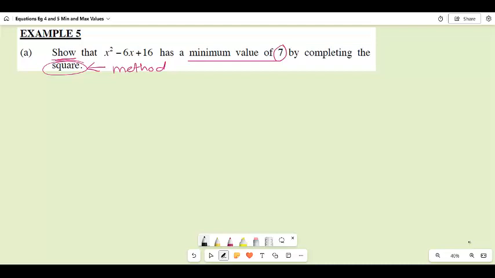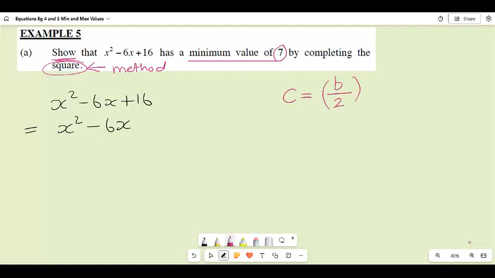Let's complete the square. So we start with x squared minus 6x plus 16. Now what we're going to do is take our first set, x squared minus 6x, and we are going to plus c minus c. Do you remember that c is equal to b over 2 squared?